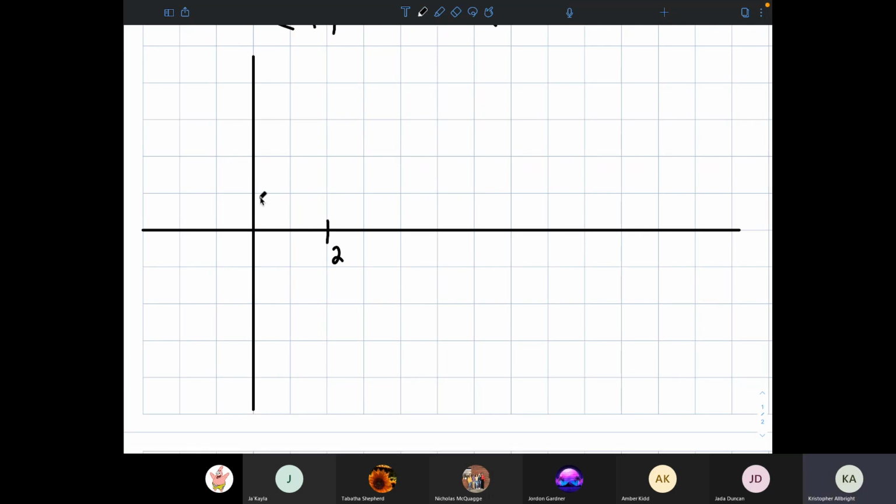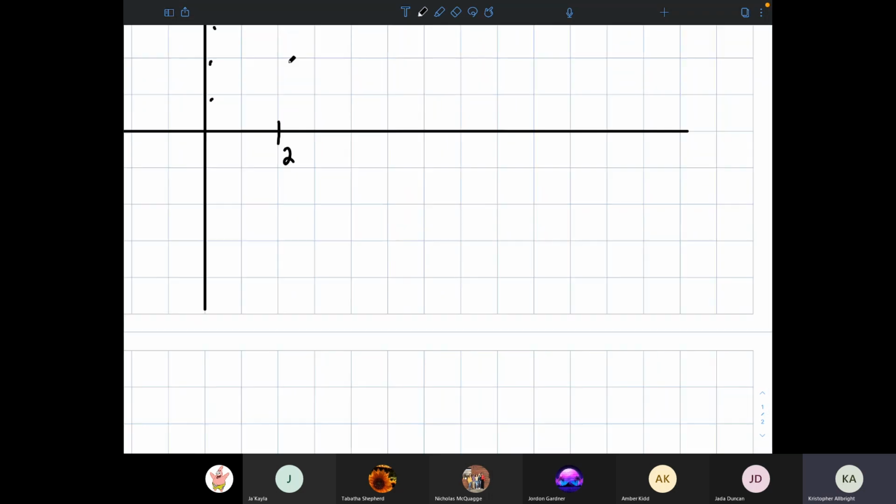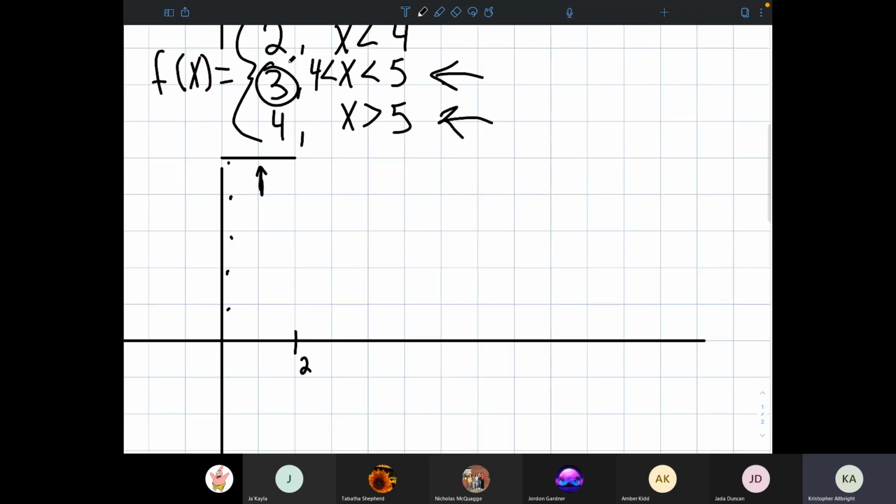So 1, 2, 3, 4, 5. So anything from 0 to 2 pounds is going to cost us this much money. And then after that, it's going to cost us $10. So anything past this line would be another line starting at 10 and continuing out all the way.